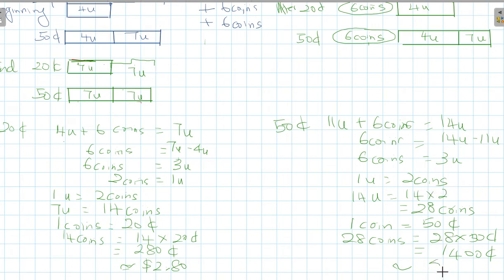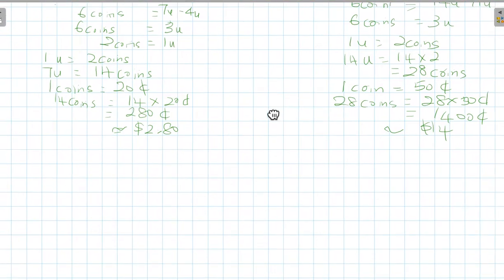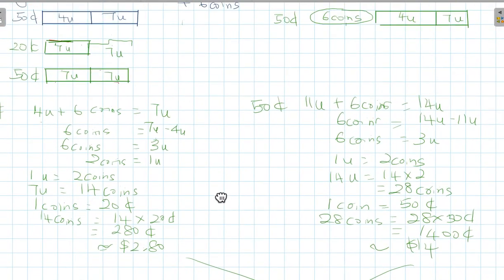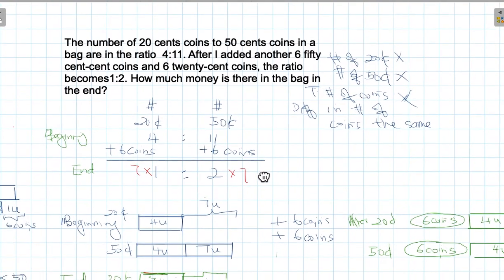So it is around $14, correct? Correct or not? So now I want to know what is the total number of money inside. So $2.80 and $14 will be $16.80.